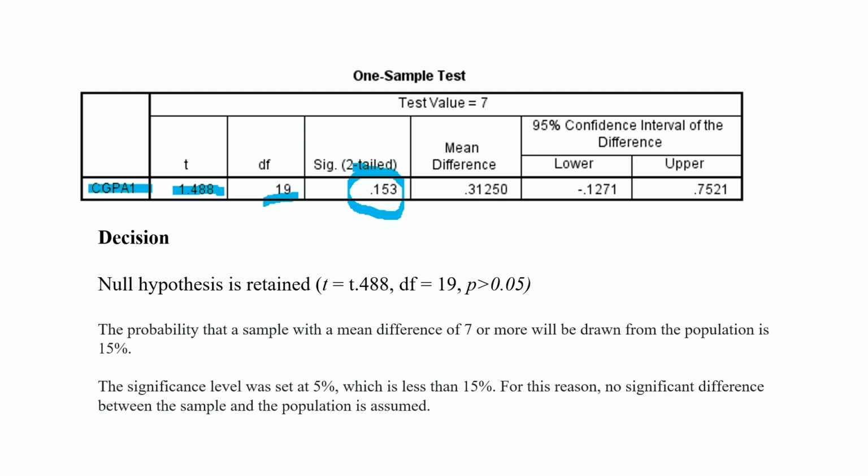Earlier we kept it at 5% and our score was 0.000. Now what is the change you see here? The test value. Test value is 7. So this particular t-test shows the null hypothesis retained. There is no significant difference because the calculated value falls close to 7.